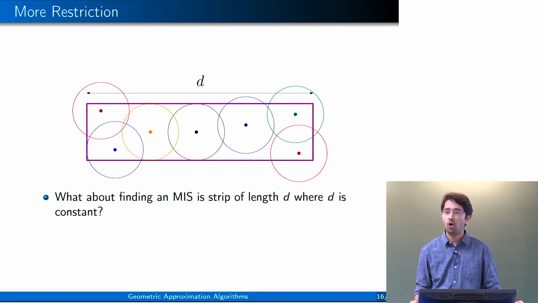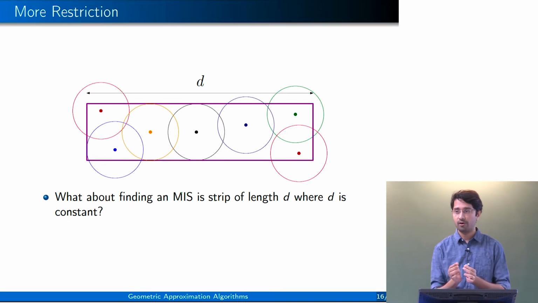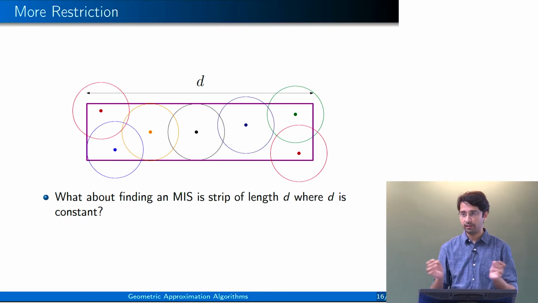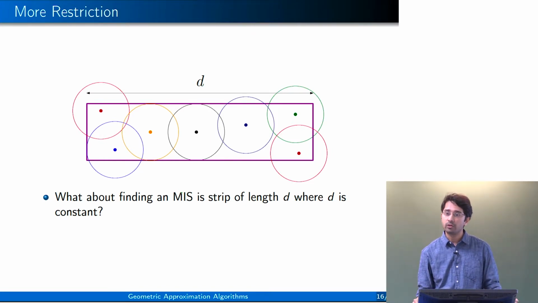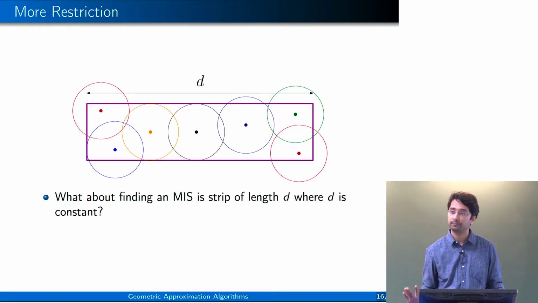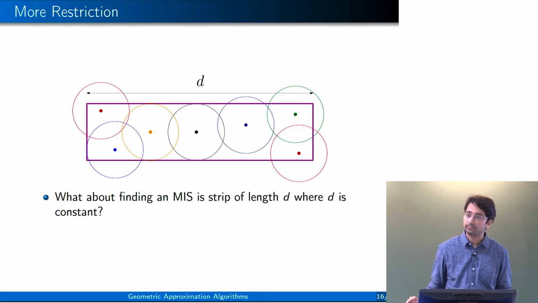If it is okay, can you solve this? All the centers are in a strip of length d, height 1. Can we solve this problem in polynomial time? d is constant. Can we solve this?